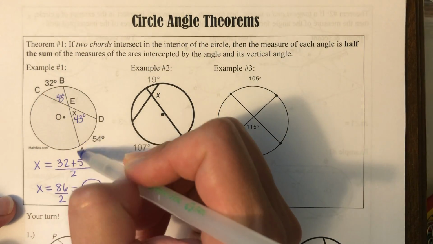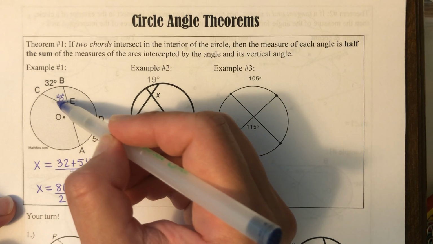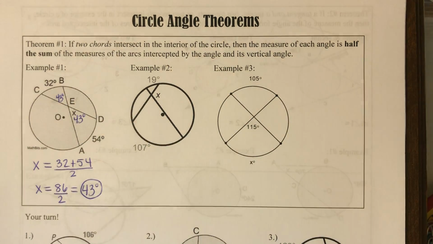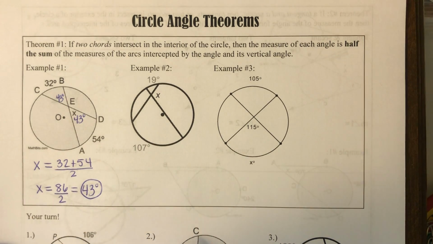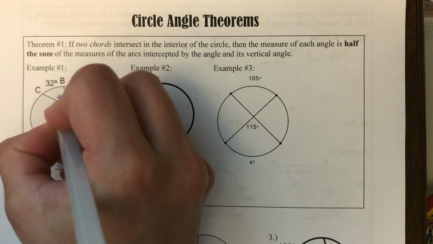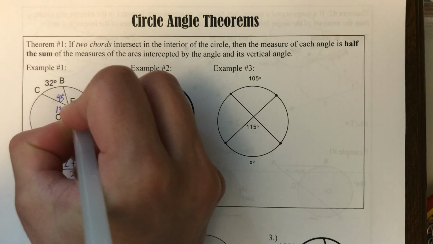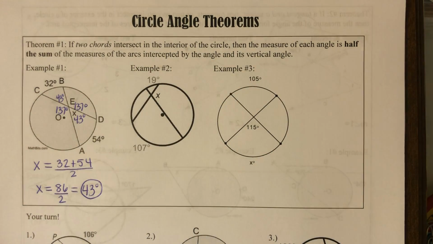And then we have intersecting lines, and we know all lines form 180 degrees. So if I subtract the 43 from 180, each of these will be 137. Just so you know that you can find all four angles in there.